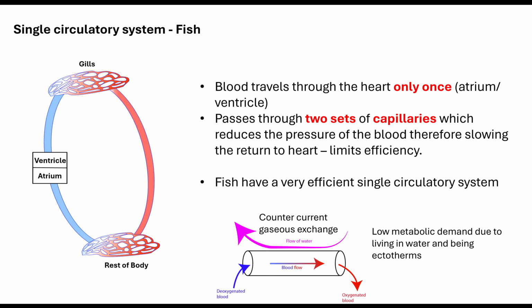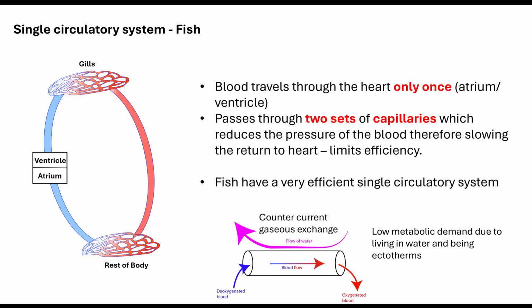What they also have is the fact that they live in water and the fact that they don't need to control their body temperatures because they're ectotherms means they have a low metabolic demand, and this ensures that the need for the exchange system isn't too much for what their system does. So they do have a very efficient single circulatory system because their needs are not as much as those of mammals or birds.